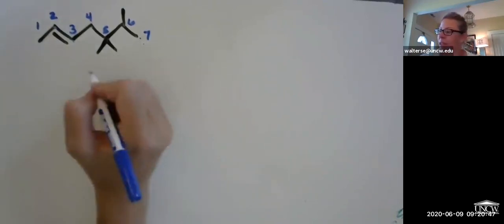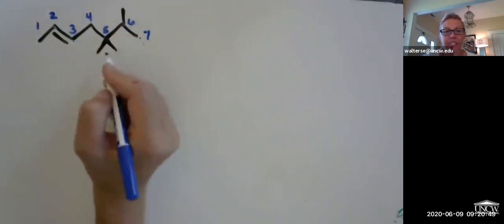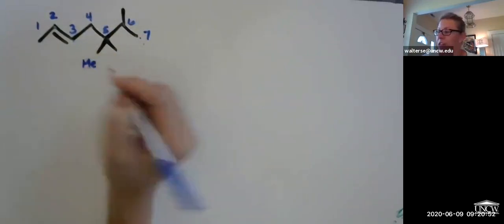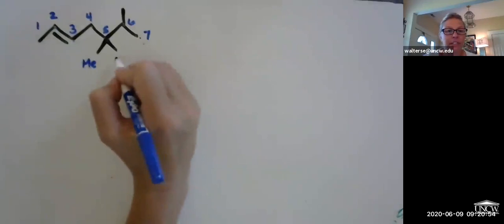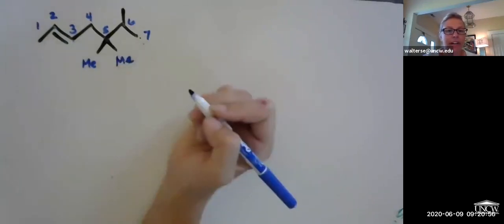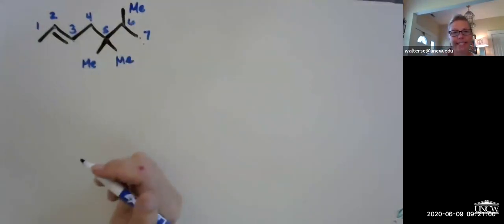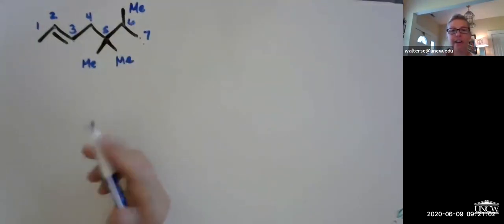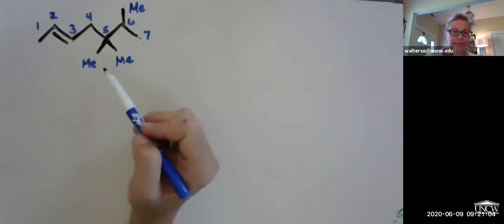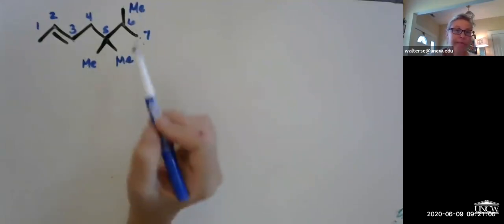Okay, now we identify our substituents. So we have a methyl at carbon 5, another methyl at carbon 5, and a methyl at carbon 6. So those are the identities of our substituents. So we have 3 methyls.